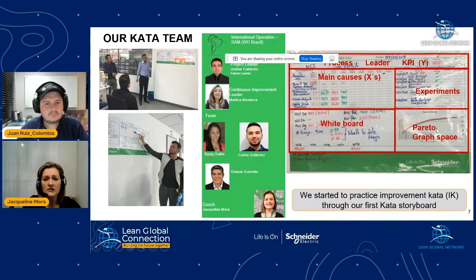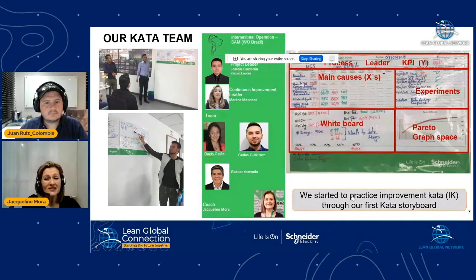At the end of this board, you can see the whiteboard, because it's necessary to have the opportunity to write and explore more ideas, especially when you have a ritual like this. It's necessary to give space to the team, and maybe use some classical tools like a Pareto, in order to obtain the main causes of the challenge.